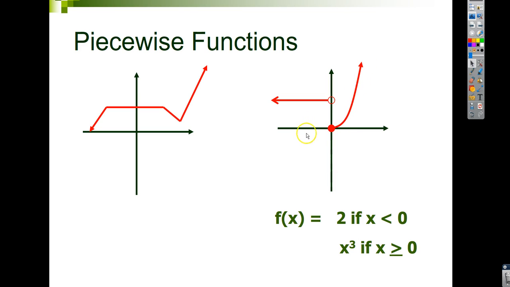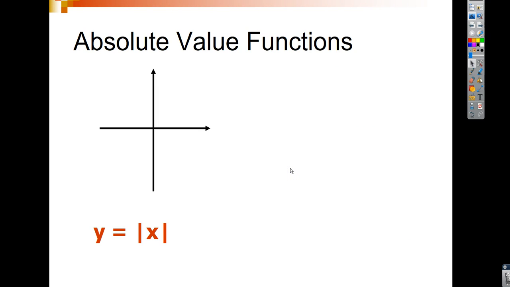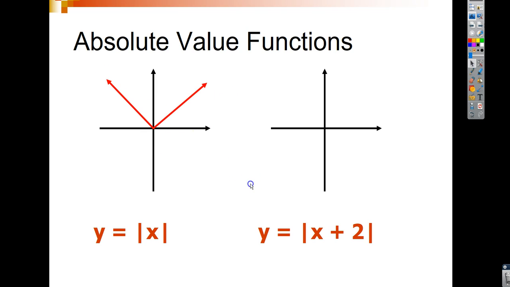The rest of it would come up and around, but it's only talking about a piece of it, and it's only the piece that is greater than or equal to 0. An absolute value function is a V shape. And you can see that if you add something to it, it moves it over left or right.